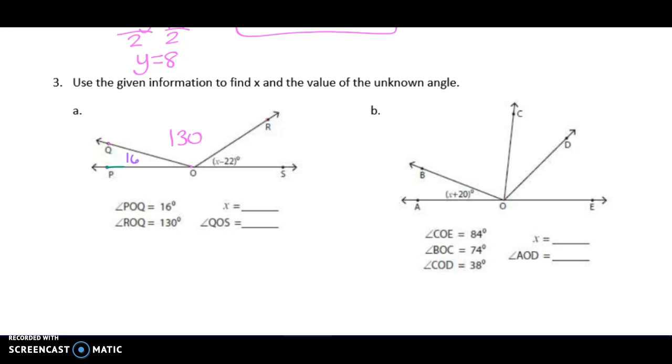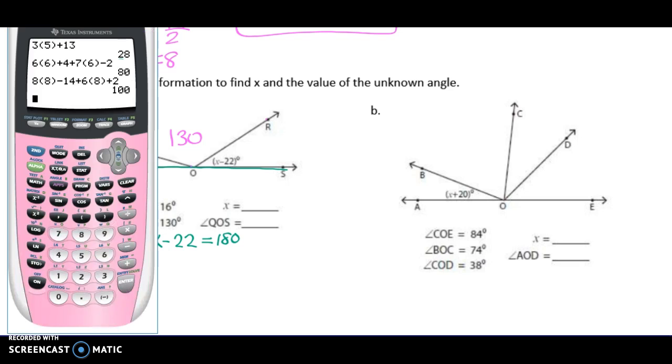So one thing I know is that PO and OS are opposite rays. So that all those angles together add up to 180. So I'll do 16 plus 130 plus x minus 22. And that's equal to 180 degrees. So I can use that to find x in the first place, and then we can find angle QOS. So I want to know what is 16 plus 130 minus 22. Combining our like terms.